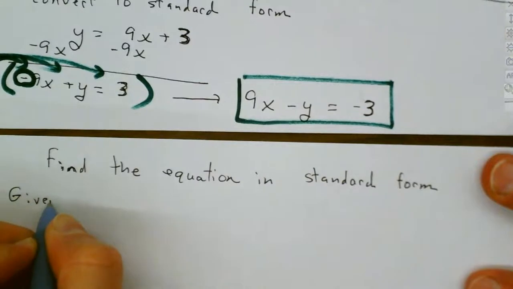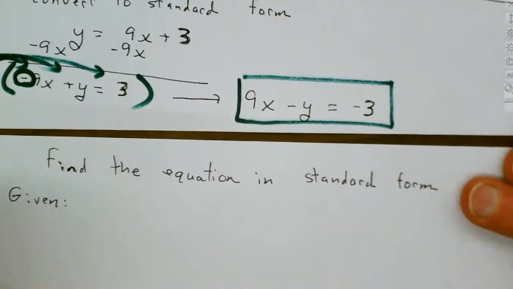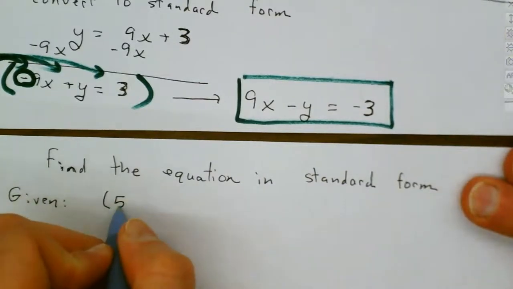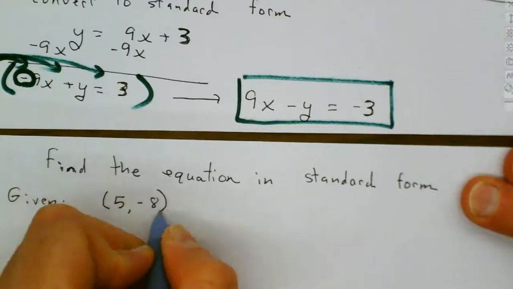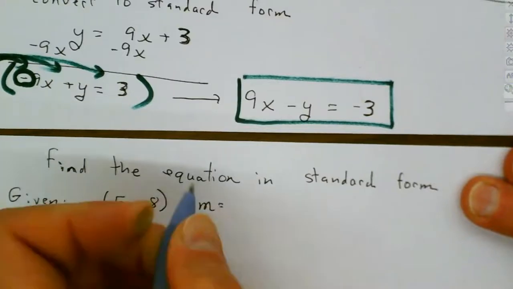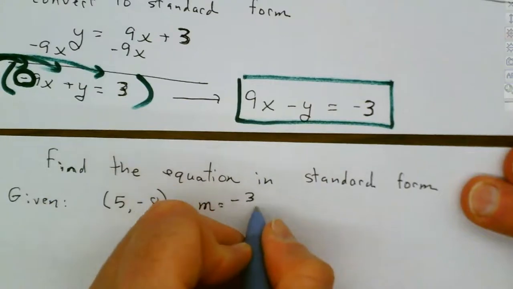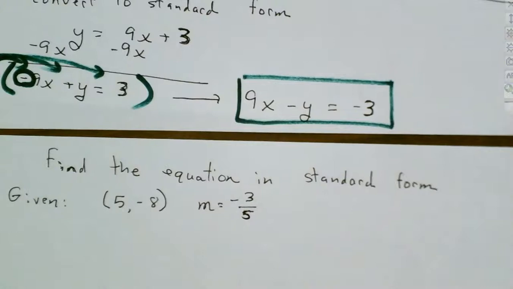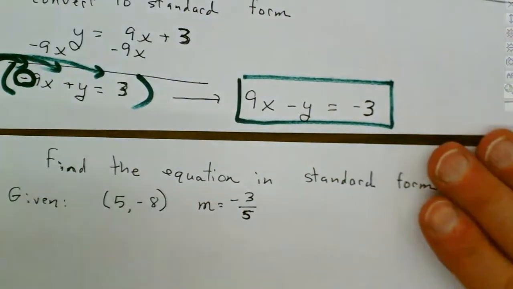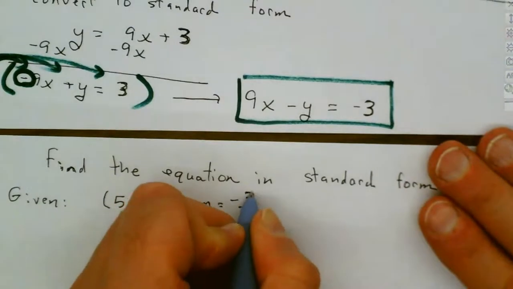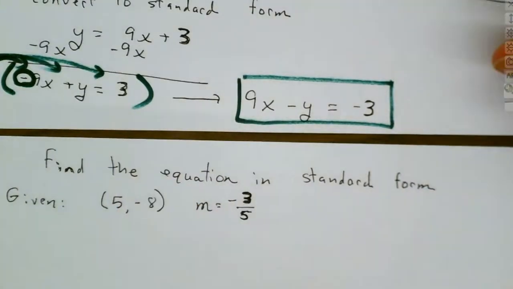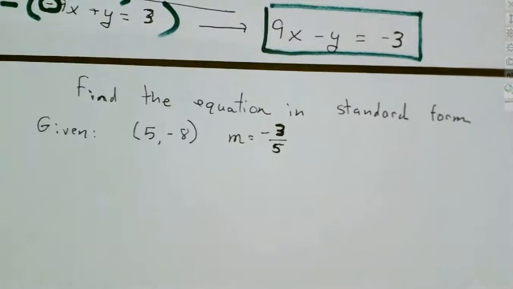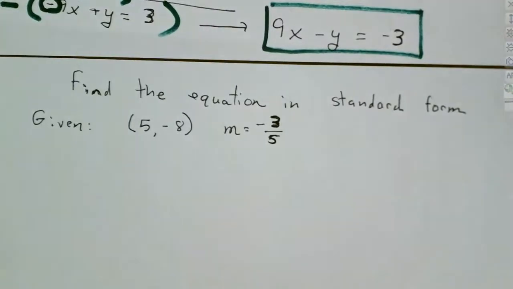Now, in this case, you're going to be given a point and a slope. Okay, and that's a minus 3/5 there. Okay, so I want to get this in standard form.